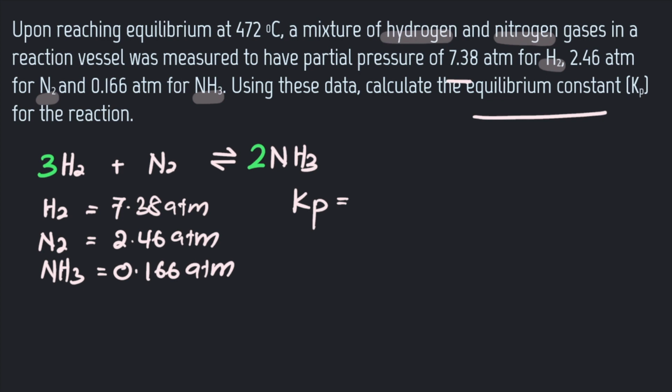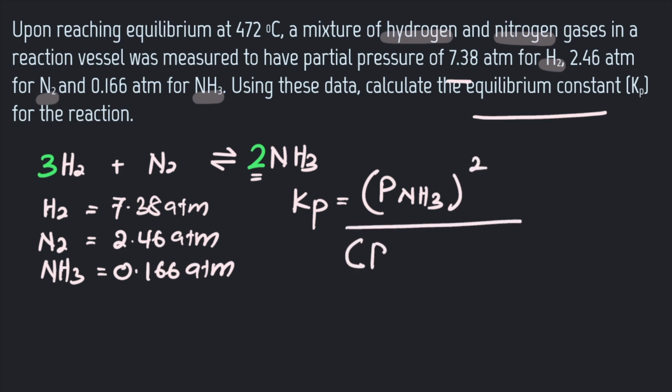Therefore, we can find Kp: the partial pressure of ammonia, here we have 2, so to the power of 2, divided by the partial pressure of hydrogen, because here we have 3, so to the power of 3, times the partial pressure of nitrogen. We don't have any other number around here, so we are going to write it as is.